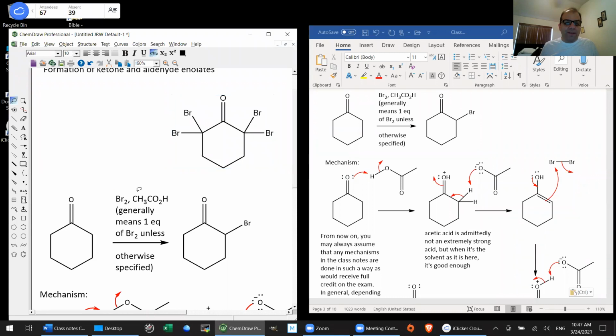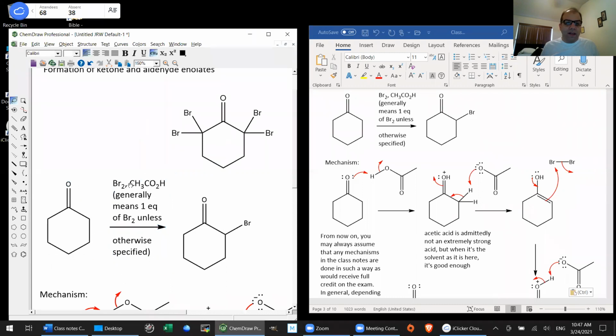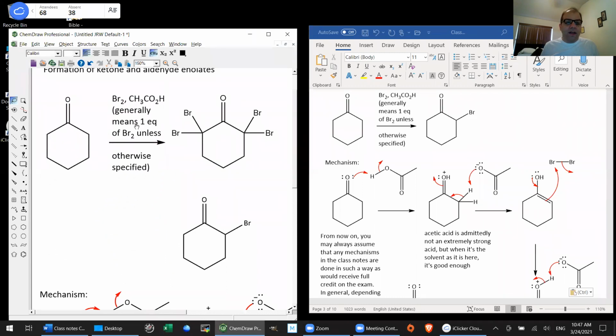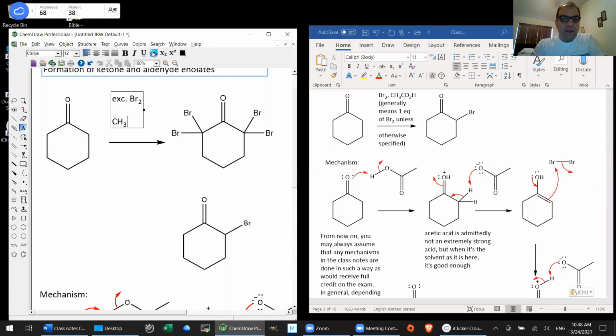Here's how we're going to manage this. And of course, this would be excess bromine, in glacial acetic acid or pure acetic acid.